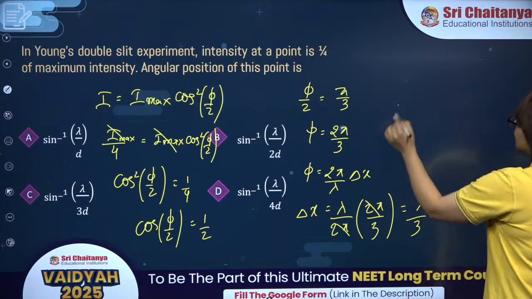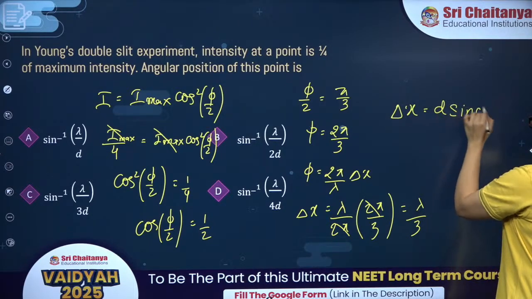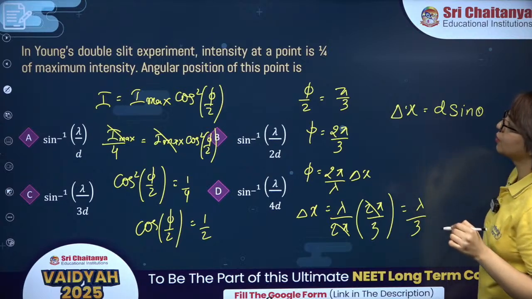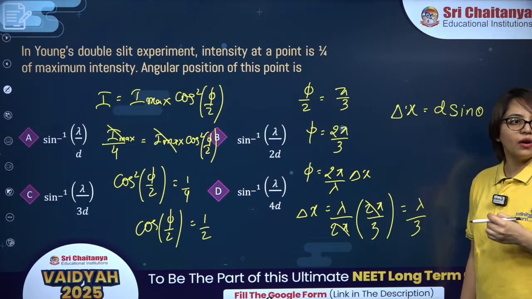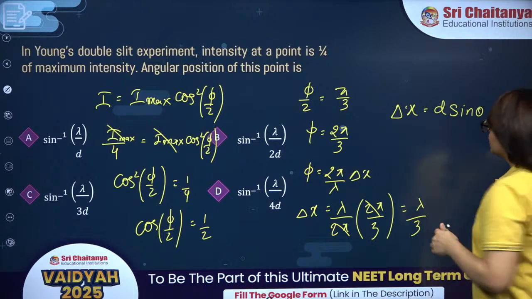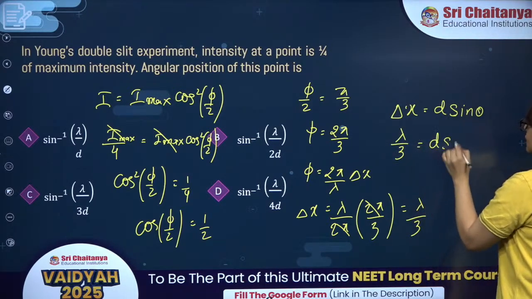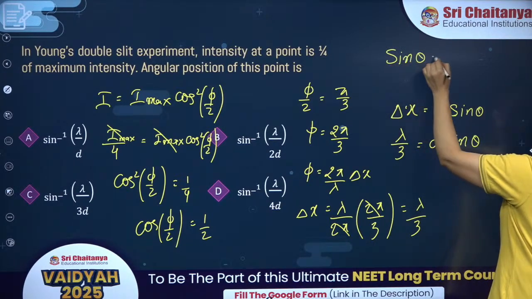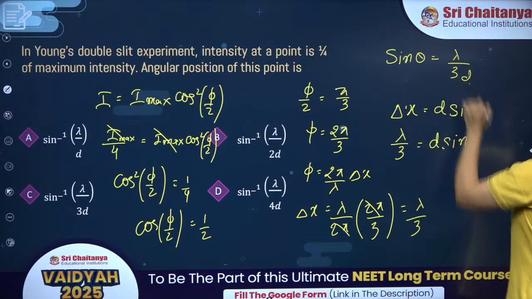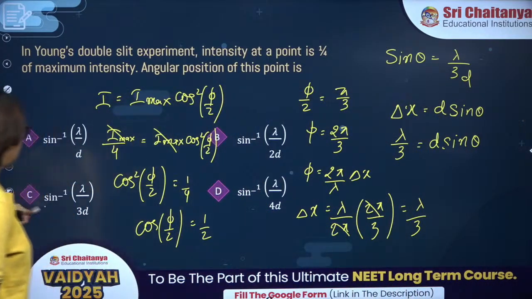Now we know that path difference in YDSE is d sine theta, where theta is the angular position of this point, right? So delta x is lambda by 3 and it should be d sine theta. So sine theta is lambda upon 3d, so theta is sine inverse lambda upon 3d, which is option C.